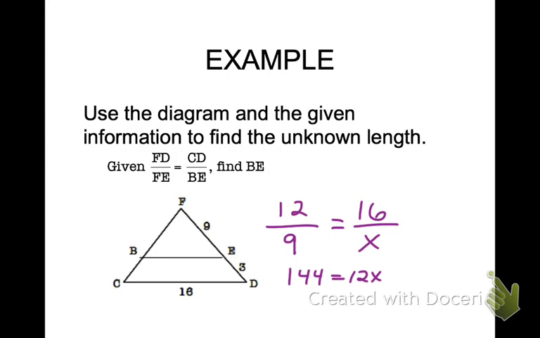Divide by 12 gets us, x is equal to 12. So I'm going to write my final answer as BE is equal to 12. Okay. All right. Next one.